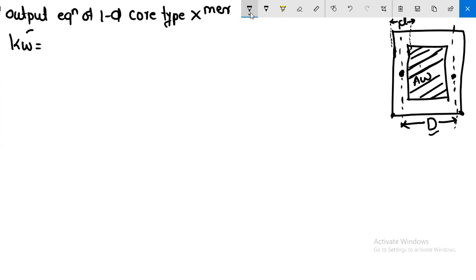They are directly mentioning that consider window space factor as, and they mention that value. कशाचा ratio आहे? It is the ratio of copper area to the total window area. So we denote the copper area as Ac, and we denote the window area as Aw.